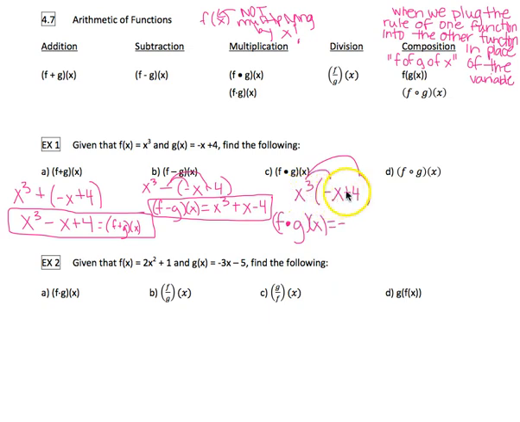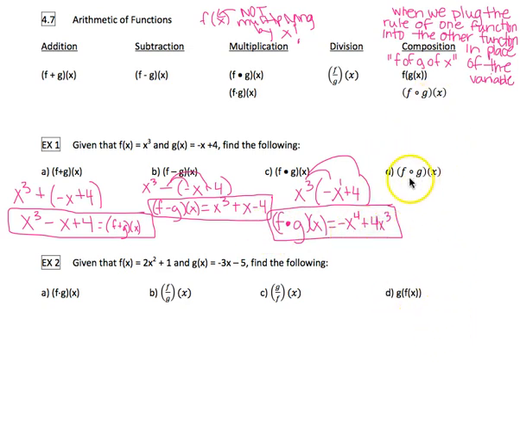X cubed times x, which really is x to the first, is x to the fourth, because we add the exponents when we multiply. Then x cubed times 4 gives me 4x cubed. None of these are like terms either, so leave it as is, and that is our answer.